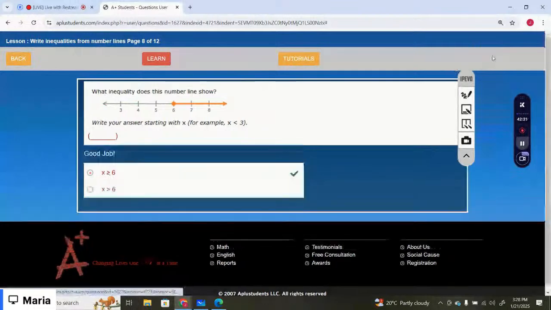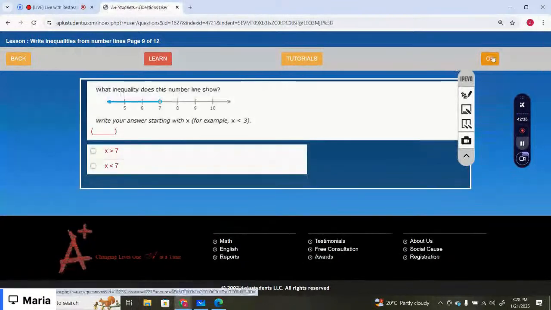Option number 1 is the correct option. What inequality does the number line show, which is the correct option? X is less than 7. Option number 2 is the correct option.